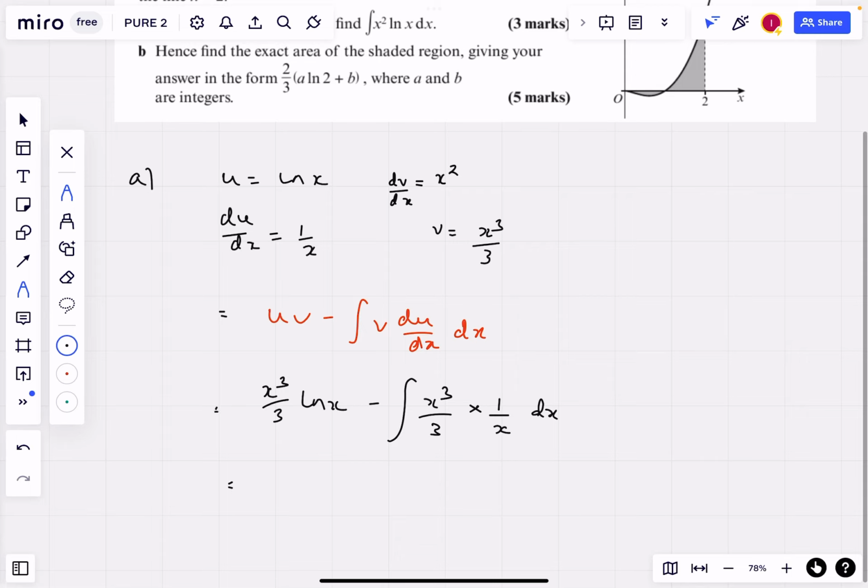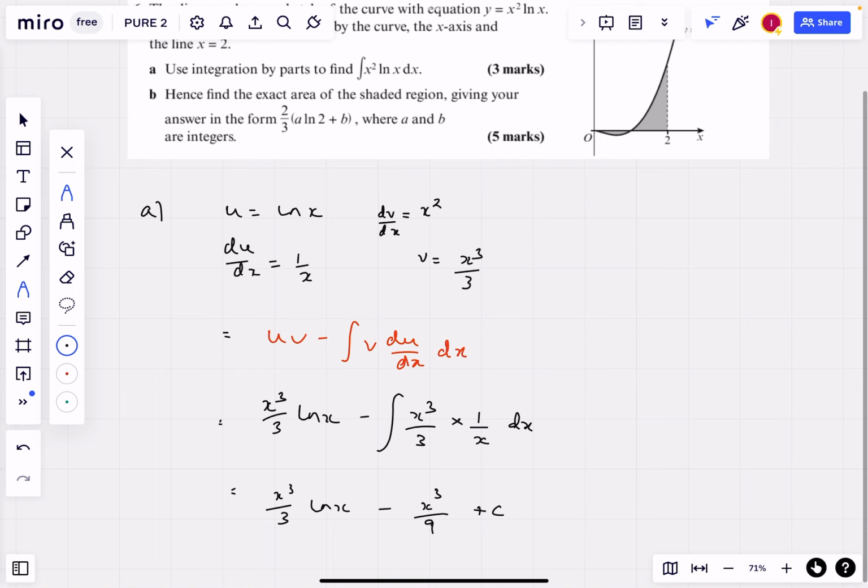And after integrating and simplifying, you should have something like this, x cubed over 9 plus c. I was just making sure it was right. Yeah, there we go, done. That's part A.